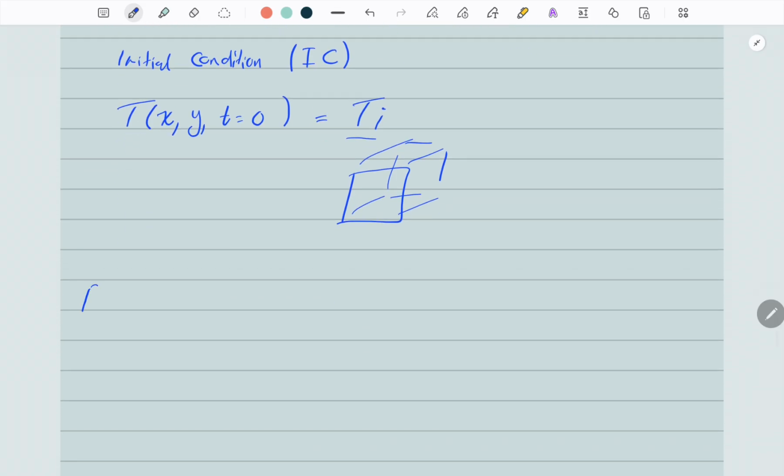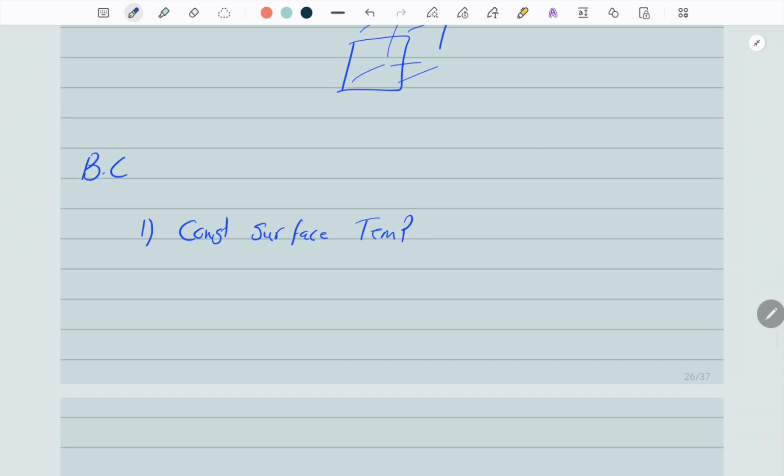For boundary conditions, the first boundary condition is constant surface temperature, meaning when finding temperature at x equals 0 and at any time, that temperature is your surface temperature.